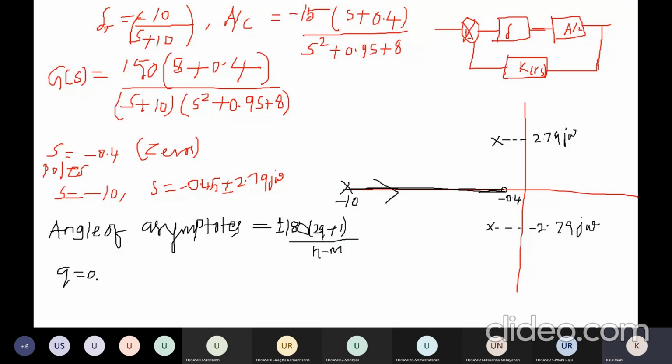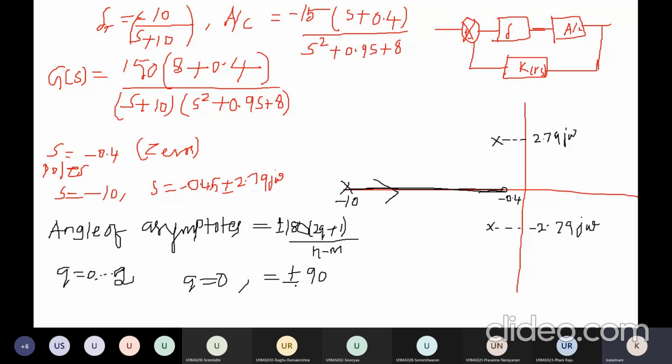Therefore, n minus m value is 3 minus 1, which is 2. If it is q equal to 0, what is my angle of asymptotes? My angle of asymptotes is plus or minus 180 divided by 2, so we get plus or minus 90 degree. I need only 2 asymptotes. Therefore, I take one as plus 90 degree, another as minus 90 degree.